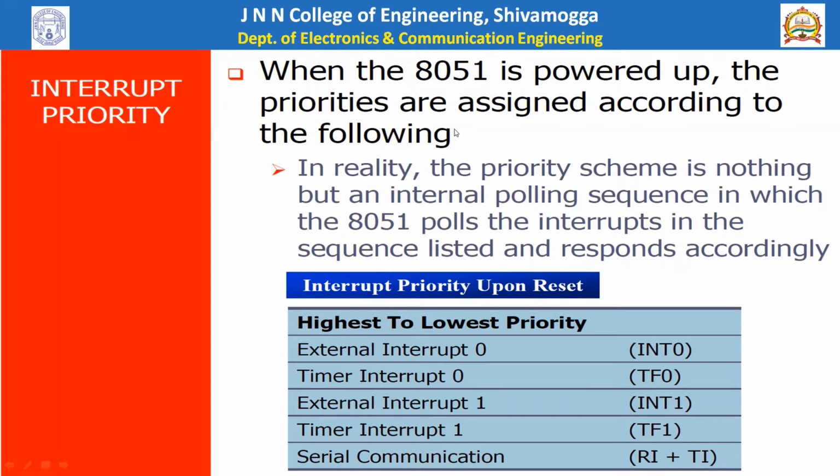Based on the status of the interrupt priority register and the fixed priority assignment which is already done by the 8051 structure, the interrupt would be serviced. The highest to lowest priority list is given there. As I've already told you, external interrupt 0, INT0, is the highest priority and serial communication interrupt is the lowest priority.